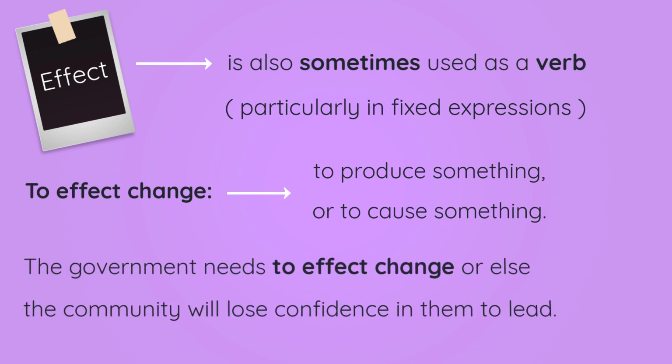The government needs to effect change, or else the community will lose confidence in them to lead. Now, it's unusual or less common for effect to be a verb, but it's possible. It does happen, particularly in fixed expressions like this.